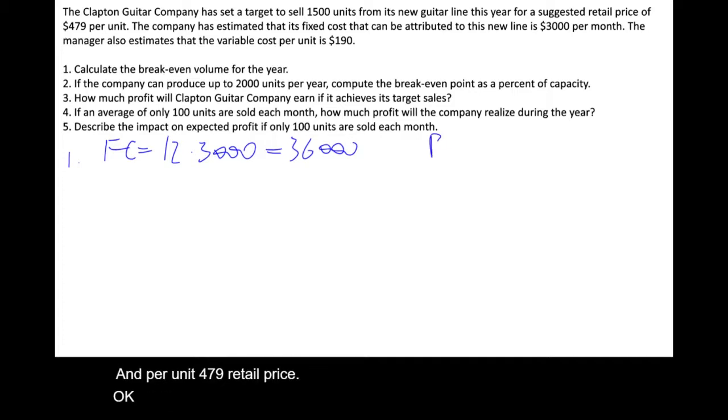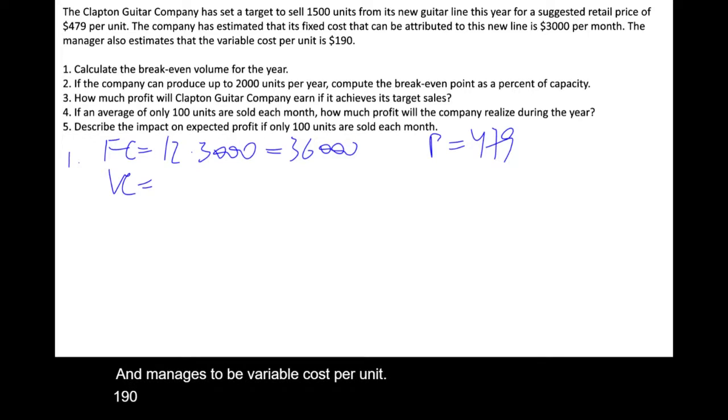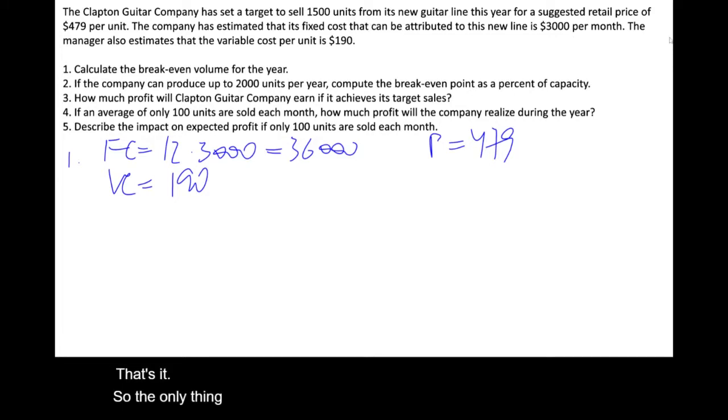So we have price, it is 479, it's still there. And the manager estimated variable cost per unit 190. That's it. So the only thing we had to adjust is the fixed cost.